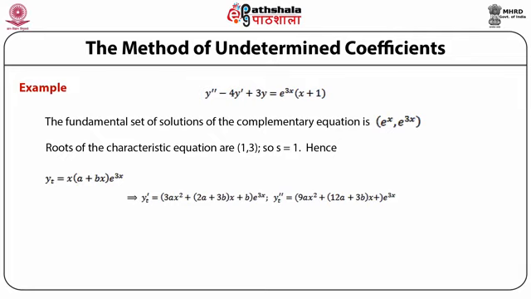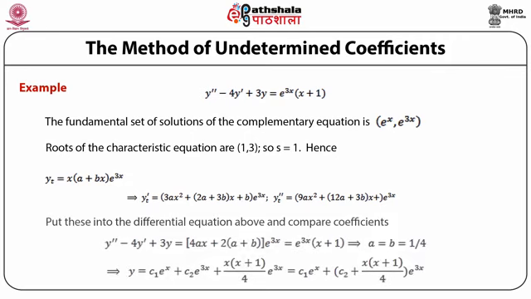Similarly, the second order derivative of yt is obtained as e raised to power 3x multiplied by (9ax square plus (12a plus 3b) times x plus 1). Putting these into the differential equation above, we obtain y double prime minus 4 times y prime plus 3y is equal to (4ax plus twice of (a plus b)).